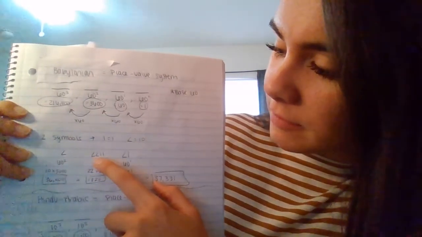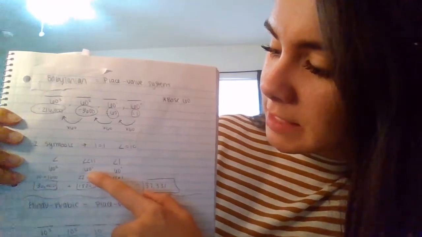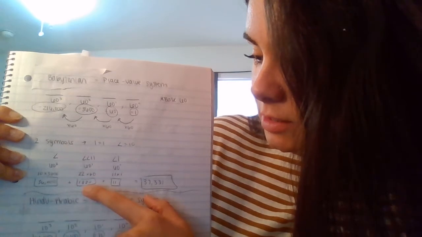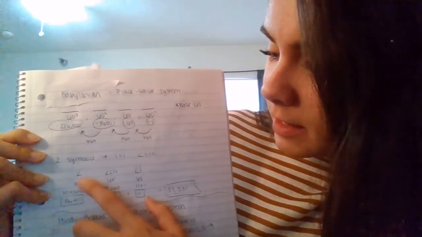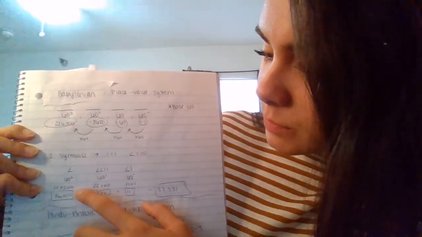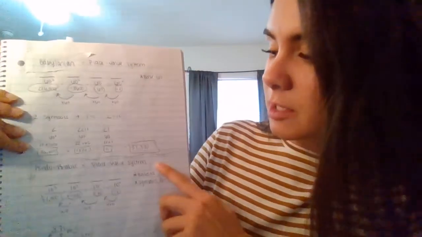Over here, we take the symbols, add them up. That'd be 22 times 60 to the first, which is 22 times 60, and that equals 1,320. And then over here, we have 10 times 60 squared, which is 10 times 3,600, which equals 36,000. Then you'd add them up to get your total.